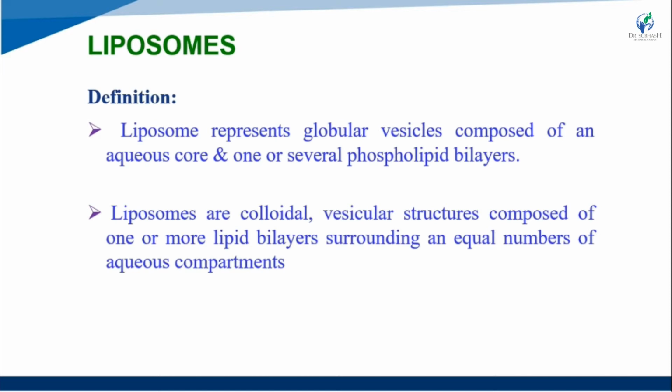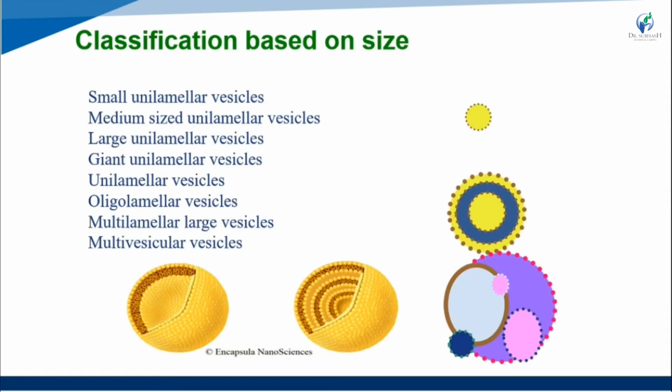Another definition: liposomes are colloidal vesicular structures composed of one or more lipid bilayers surrounding an equal number of aqueous compartments. Okay, so the core makes the aqueous layer, and surrounding it is the lipid bilayer structure. That's called the liposome.